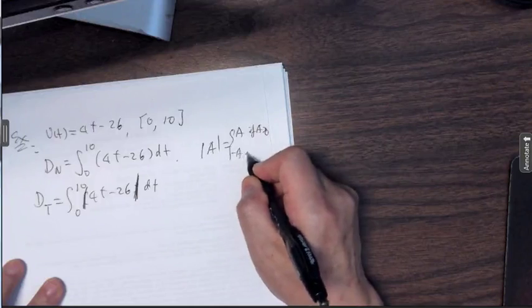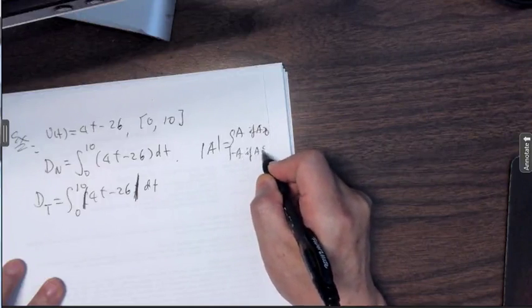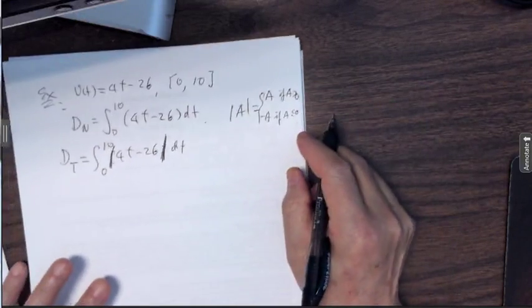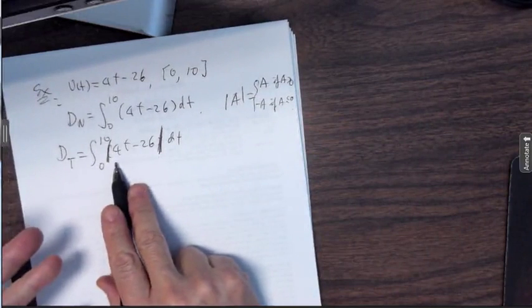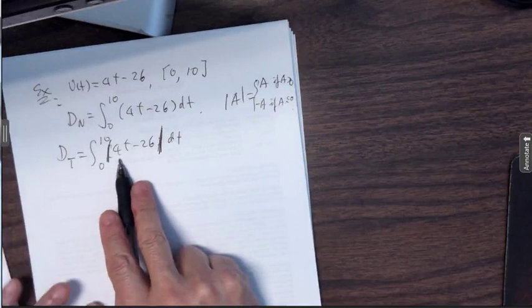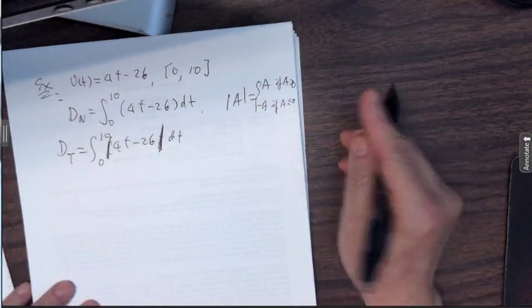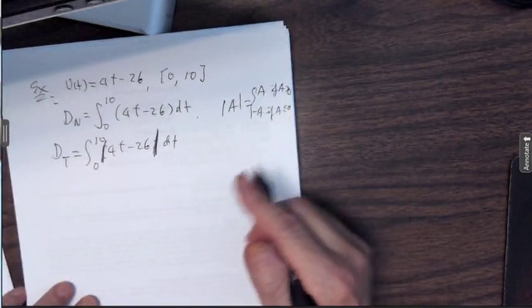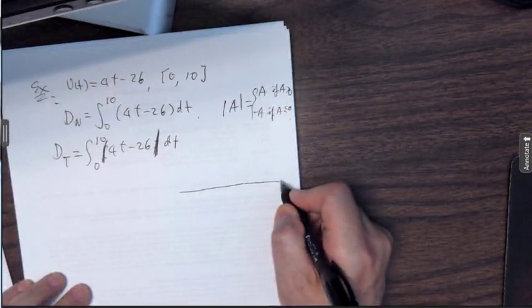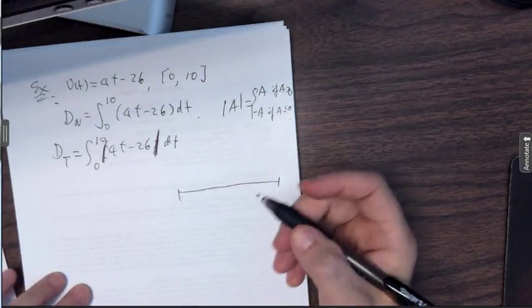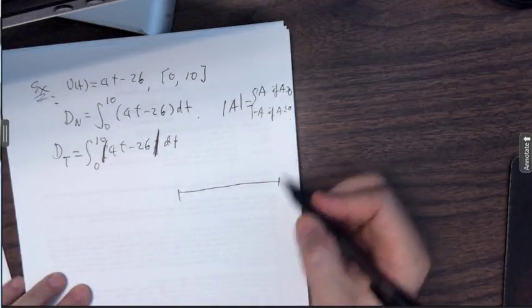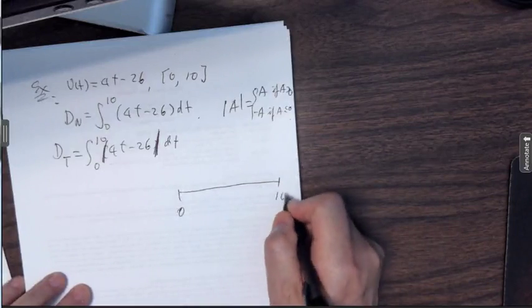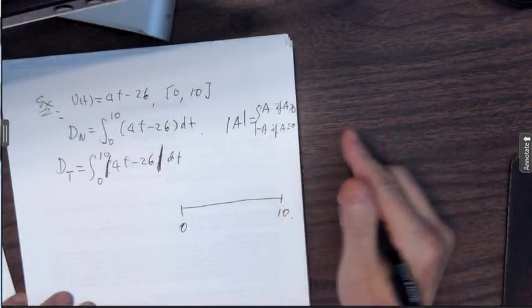It's negative a if we know it's negative. So the question now is, what do we know about the 4t minus 26? Is it positive or negative? Well, it's hard to tell. We're going to instead try to figure out the sign of 4t minus 26 from 0 to 10 algebraically.